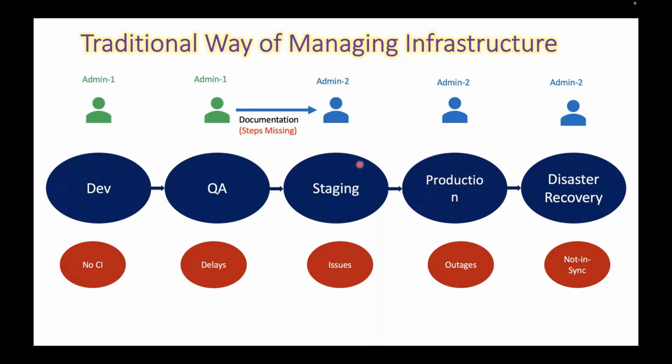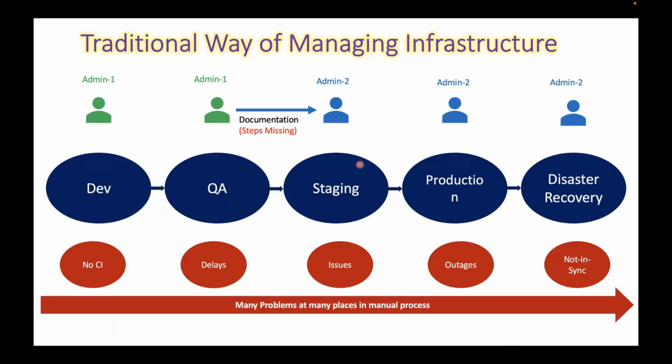So to avoid this, we have to go for IaC. I will come to that part. First we will see what disadvantages we have in the traditional way. So these are the problems we have: delays, issues, outages, and not being in sync. These are the issues we have in the manual process.